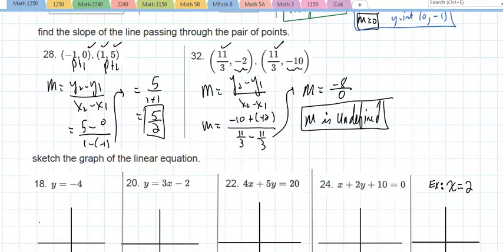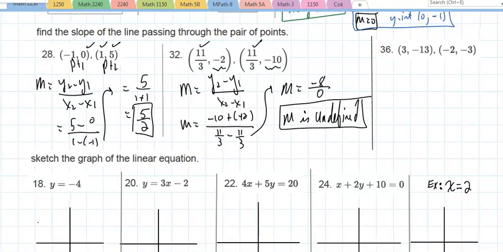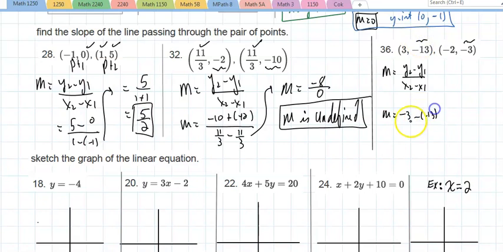Let me see if I could do one more. Seems there is time to do one more. Let me get one more going. I'm going to do number 36. Again, the slope is y2 minus y1 over x2 minus x1. The slope is y2 is negative 3 minus y1, which is negative 13, over x2, which is a negative 2, minus x1, which is a 3.